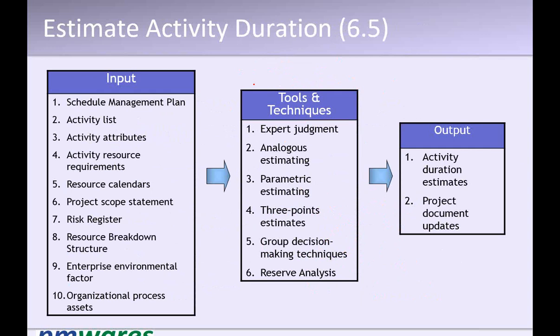So there are various methods of estimating the duration. The first one is the analogous estimate. Now what is the analogous estimate? Does anybody have any idea what the analogous estimate is?